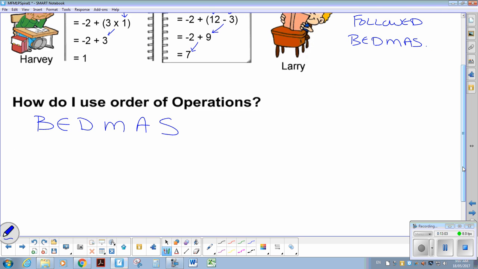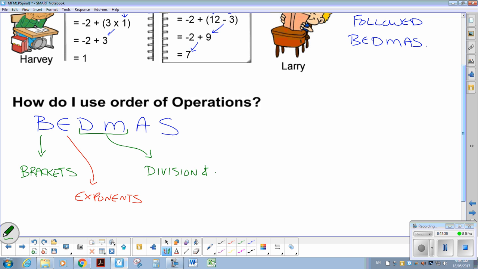For a reminder here. So B, this is the order we do things in, so we simplify our brackets. That is our first task. Our next task with the E is we work on our exponents. Now D and M go together. D and M is division and multiplication.